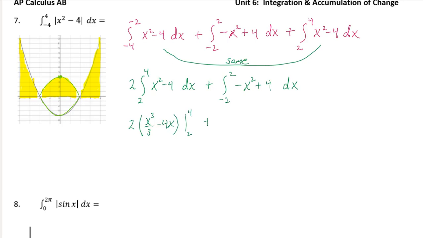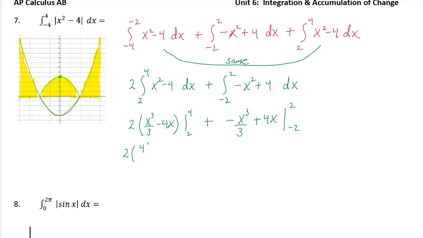And then the second one is going to be negative x cubed over 3 plus 4x. This one we're evaluating from negative 2 to 2. All right, so the first one here, we've got 2 times, and we're going to go ahead and plug in 4.